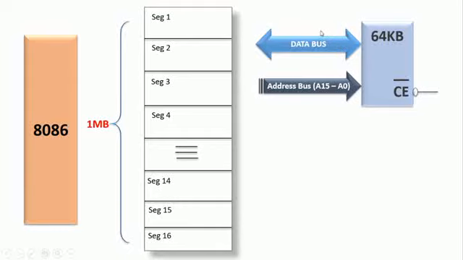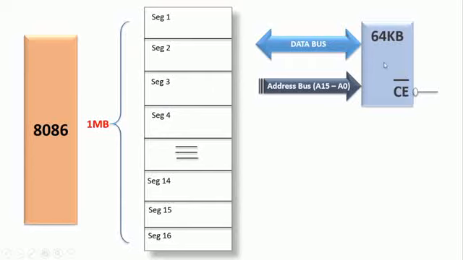The data bus is an 8-bit data bus, and the address bus is a 16-bit address bus. Why is this device expecting a 16-bit address bus? Because its size is 64 KB. This means this memory device has 16 address lines as well as 8 data lines.